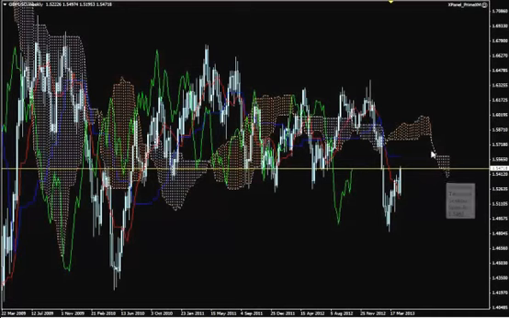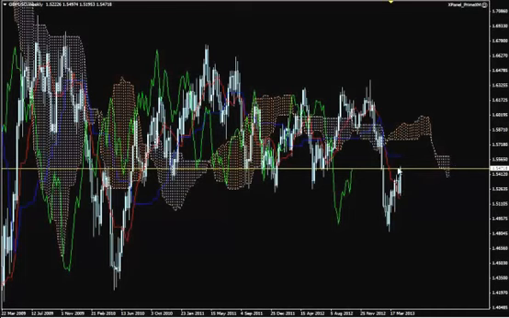Now we see that although the leading Kumo here is bearish, the edge of the Kumo is going to turn, the Senkou span A. This line is going to turn upwards, and soon we expect a new bullish Kumo to be born.